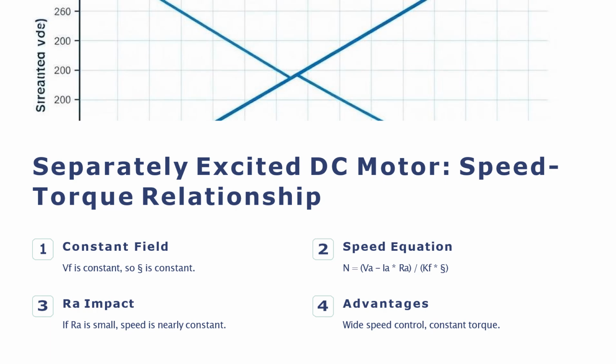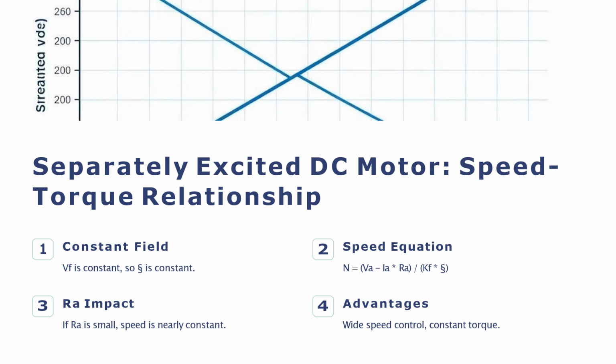Now we will see the separately excited DC motor speed torque relationship. In a separately excited DC motor, the field voltage Vf is kept constant, which means the flux phi is also constant. This leads to a linear relationship between speed and torque.